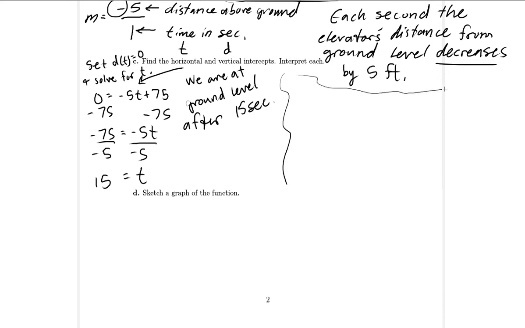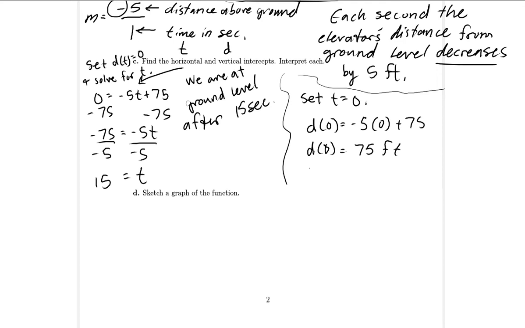All right, and then the vertical intercept, right, that's where we set t equal to 0. So we're saying d of 0 is equal to -5 times 0 plus 75. So that's 75. And of course, that's a distance above ground level, so that's in feet. So of course, what that means is that when no time has gone by, you're at 75 feet.